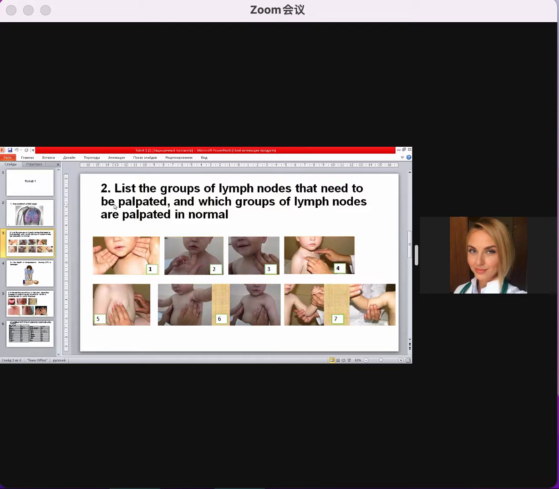So subclavicular is not normal. Number 5 is normal. How is it called? Thoracic, but thoracic is not normal. Also, thoracic or pectoral, yes, it is the same. Okay.